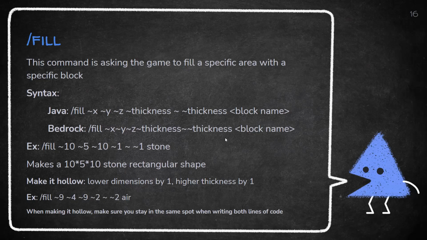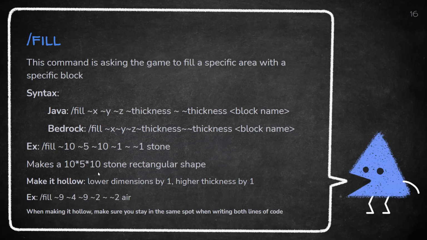What this does is it makes a 10 by 5 by 10 stone rectangular shape. In the x coordinate, it'll make 10 blocks. It'll make 5 in the y coordinate and then 10 going up, which is the z coordinate.